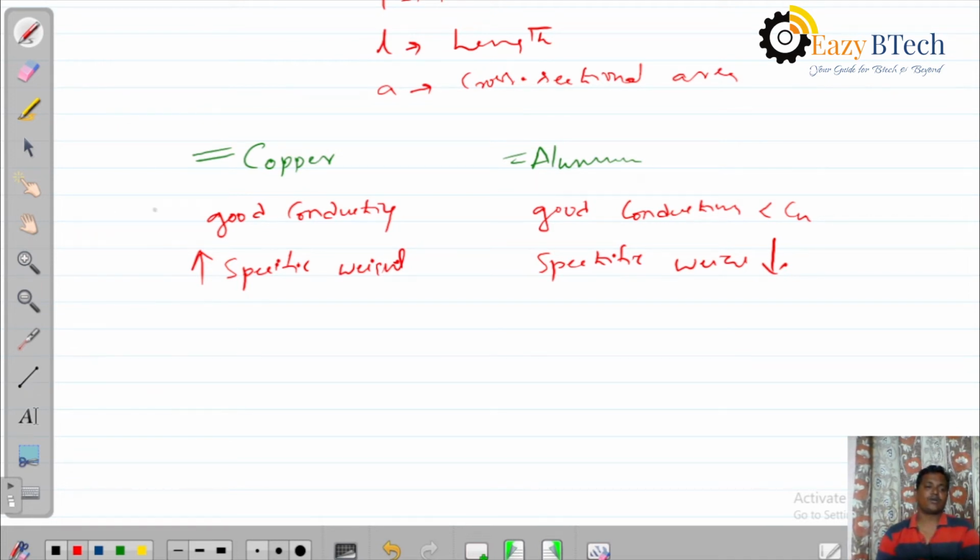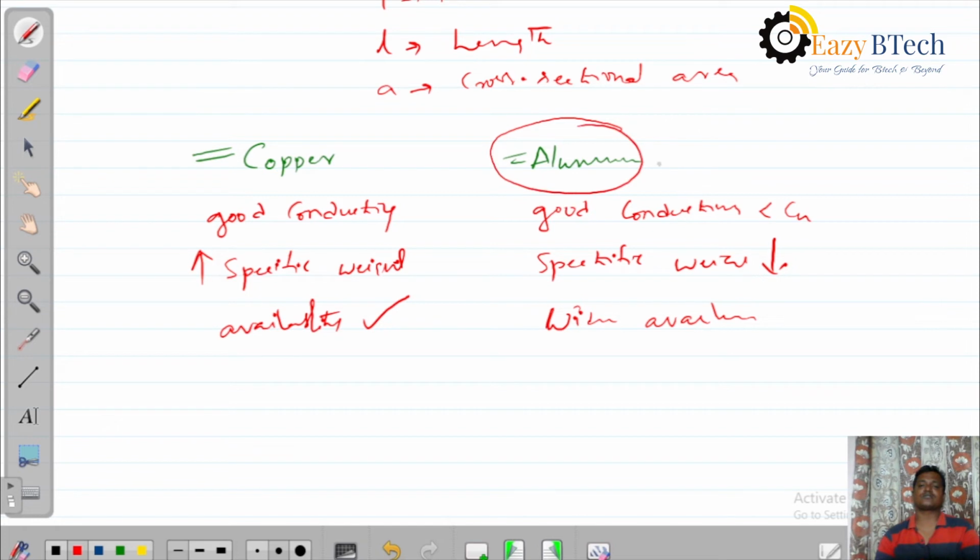And we also have another comparison, that is availability of the material. Copper is not as available compared to aluminum. Aluminum is available in a wide range. That's why we prefer aluminum conductors for transmission systems, copper conductors for distribution systems.